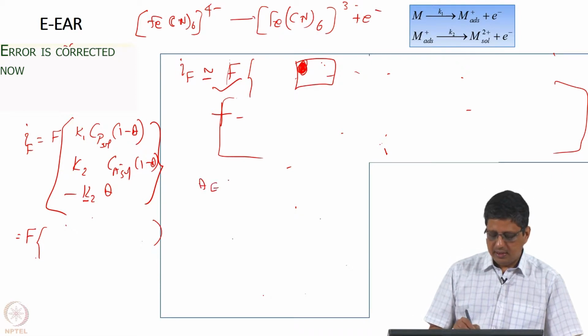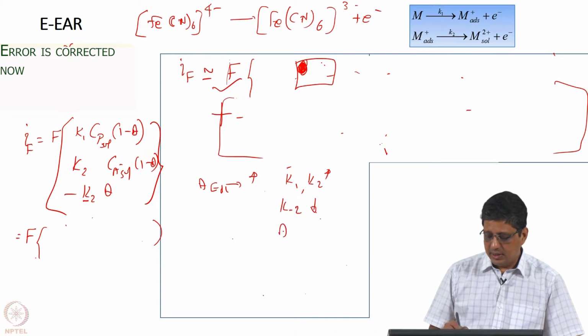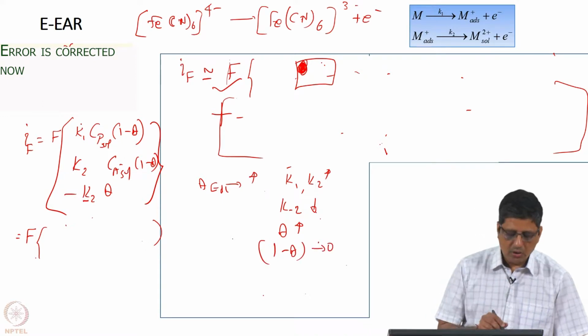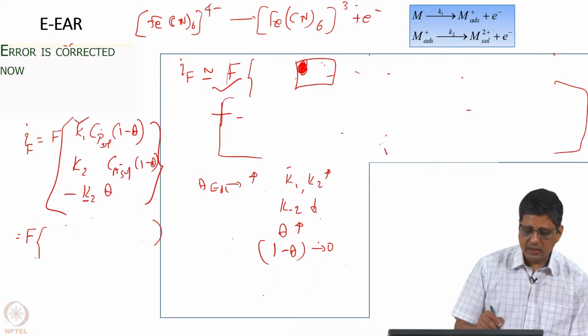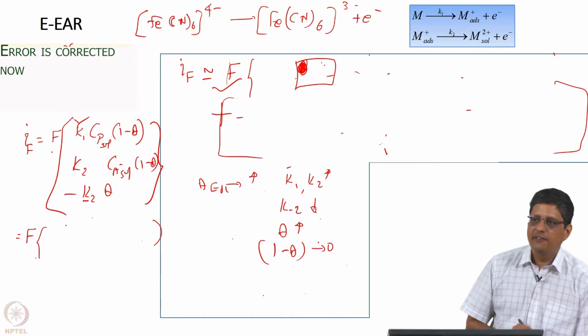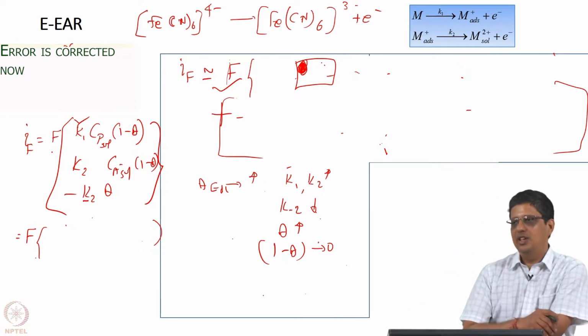So, as E DC increases, K1 and K2 increase, K minus 2 decreases, theta increases, and 1 minus theta will tend towards 0. So, K1 will increase, Cp of course remains constant, 1 minus theta will tend to 0, and the product of that will tend towards 0.